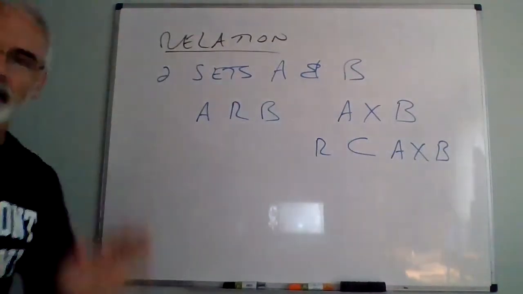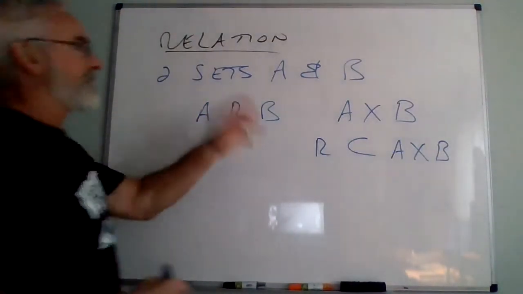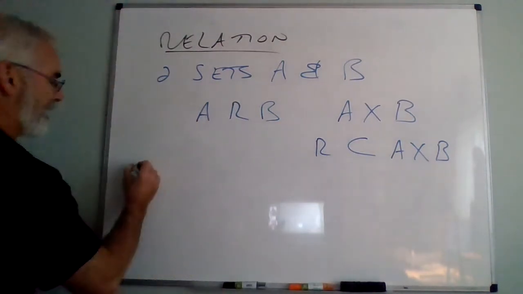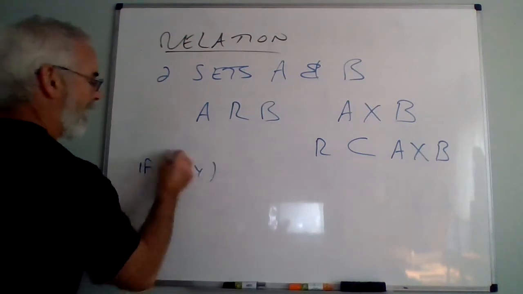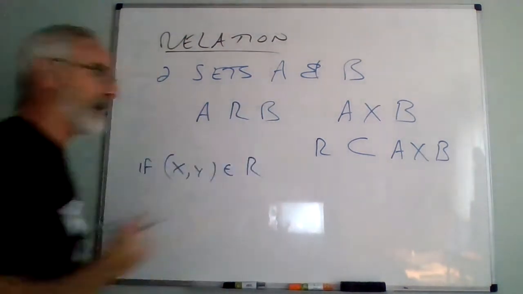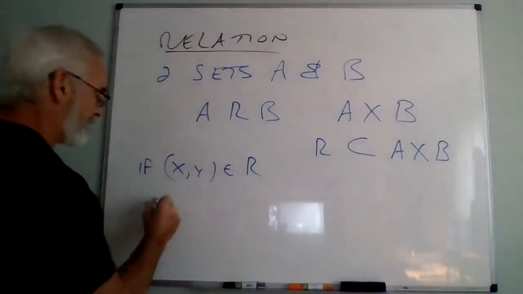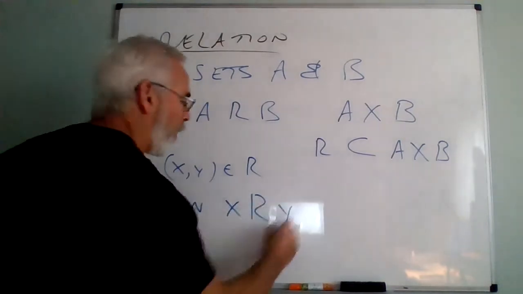So my relation is a subset of here, and really it comes down to this. And we'll use x and y just to make it convenient. So x is going to come from A, y is going to come from B. We say that if x comma y is an element of my particular relation, then the notation we would use is we'd say then x R y.